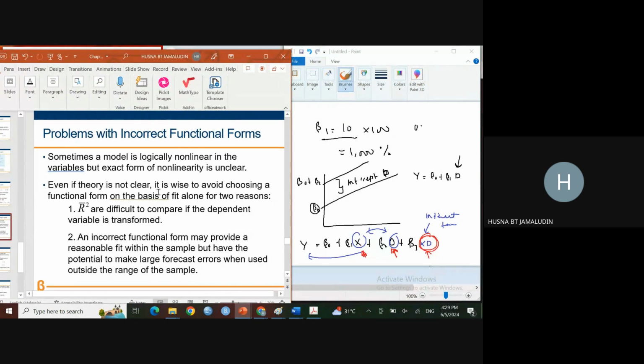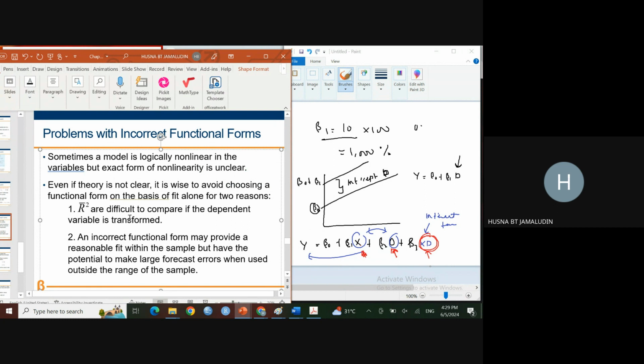Remember that you can always somehow manipulate your equation. So it says that if theory doesn't specify what kind of functional form, you cannot simply choose the functional form depending on the fitness criteria. This shouldn't be your reference. Okay, so it gives two reasons for not doing this.